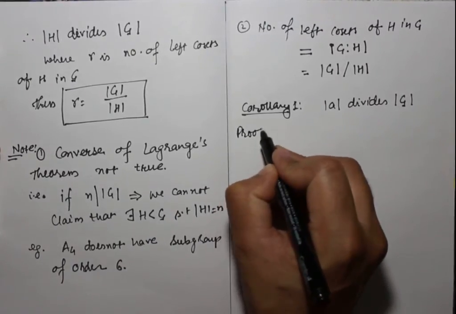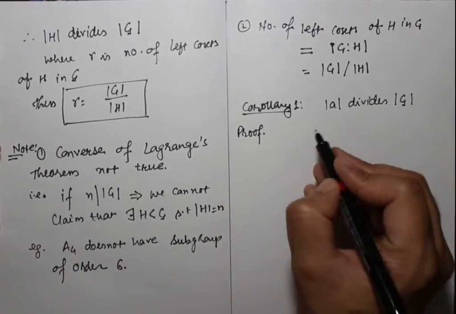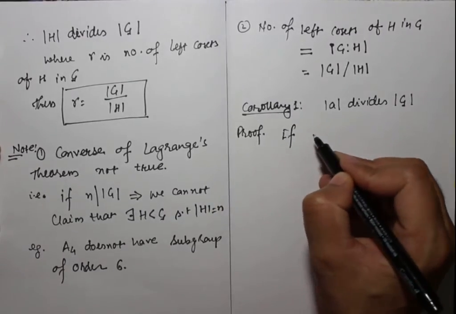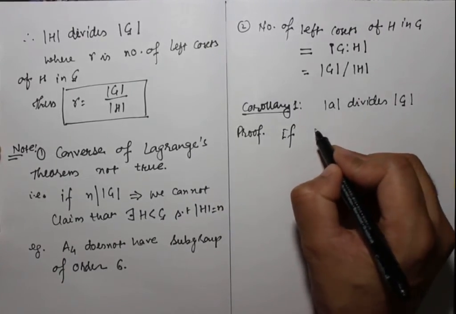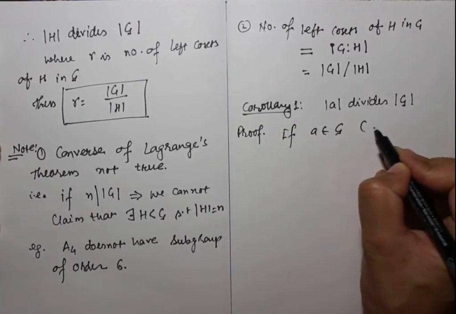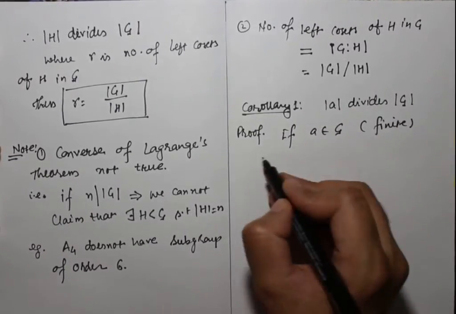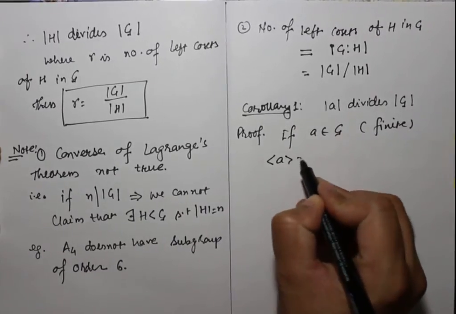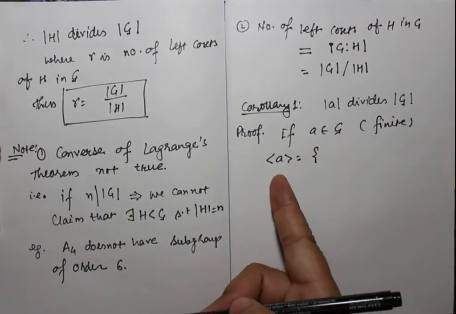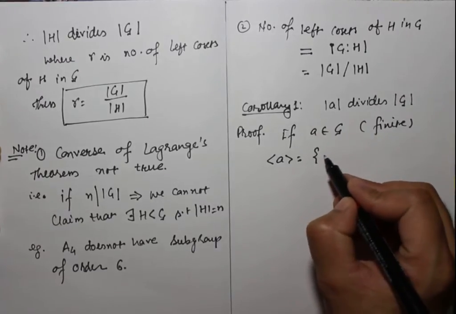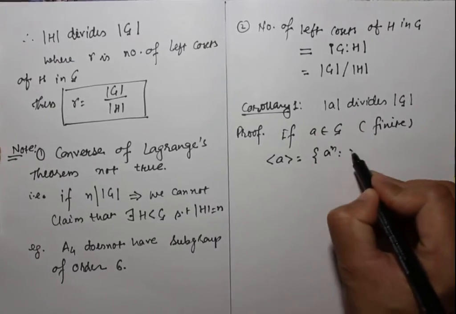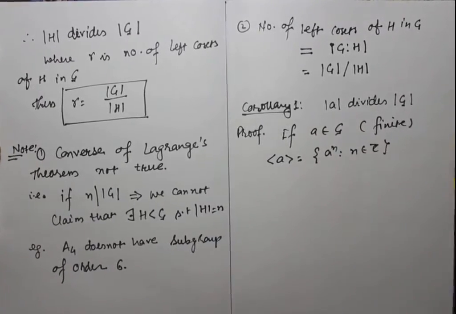This is a small proof. If G is finite and a belongs to G, then we know the set generated by a can be written as this.